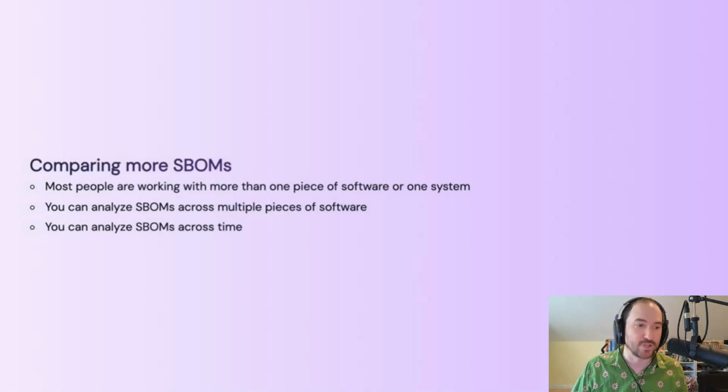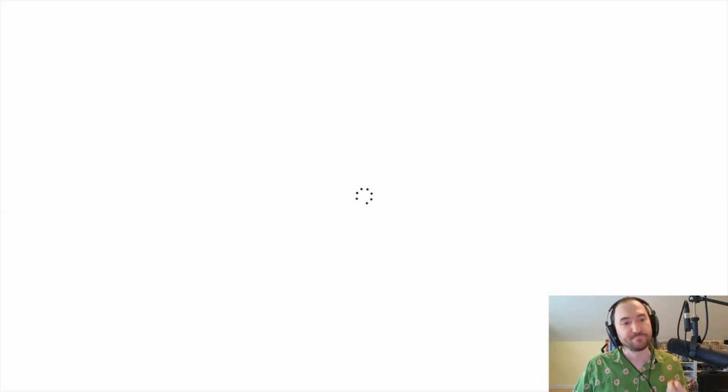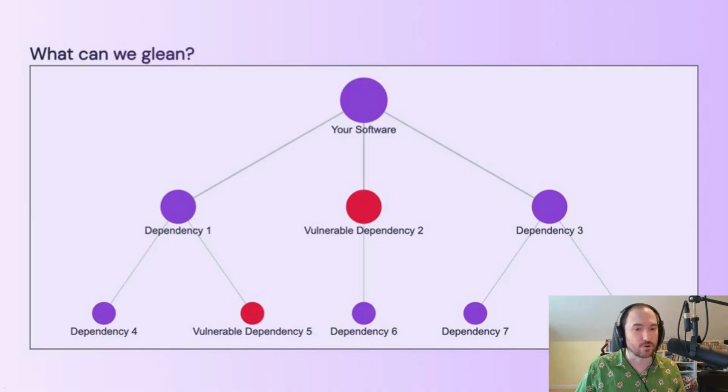And so if we go to the next thing here, right? The sorts of things you're often trying to glean from all of this is, hey, you have your software up here. Often when you do your basic vulnerability management, you're just looking at vulnerable dependency 2, right?